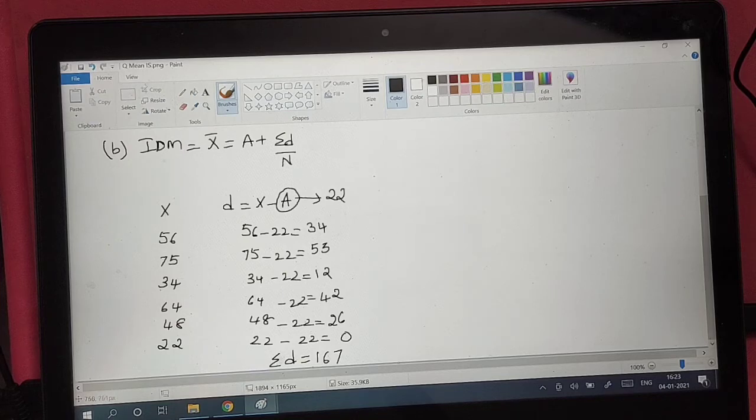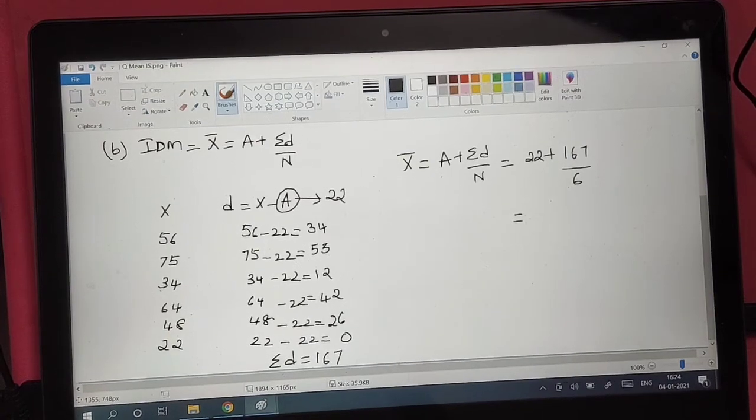Now that we have the a value, the sigma d value and also the n value, we will write the substitution into the formula. So x bar equals a plus sigma d by n, which is 22 plus the sigma d value, 167, divided by n, which is 6.